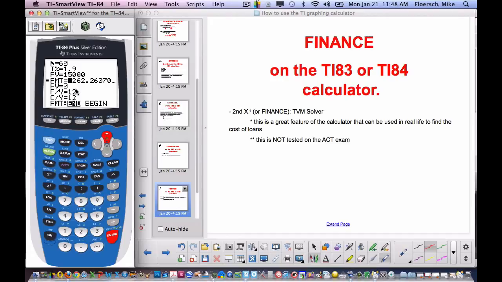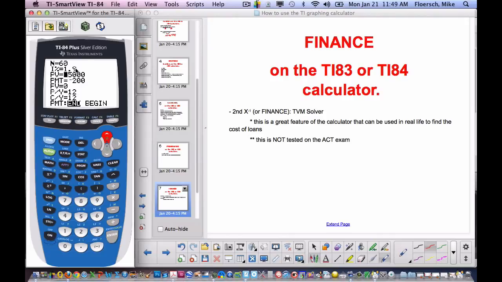Nice and easy. Now let's say you go, oh, you know what? I can actually afford $350, or I can only afford $200. What kind of car loan can I get? So then you change this payment, clear that out, and make it minus 200 because you are taking $200 out of your bank account. Now go up to principal value.